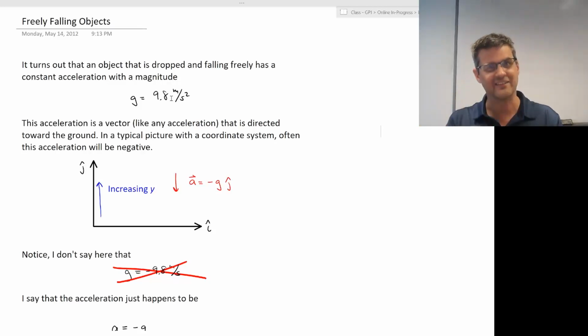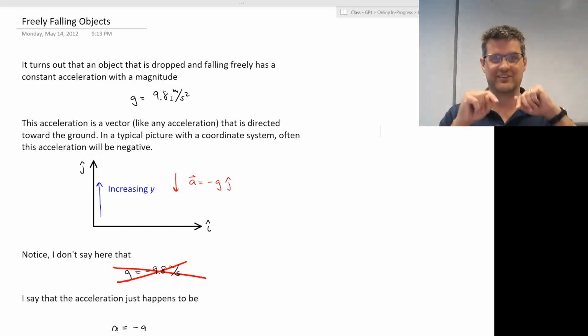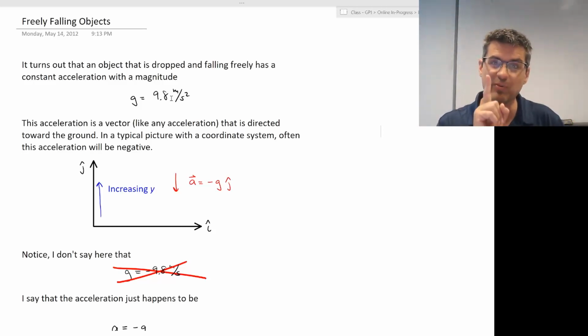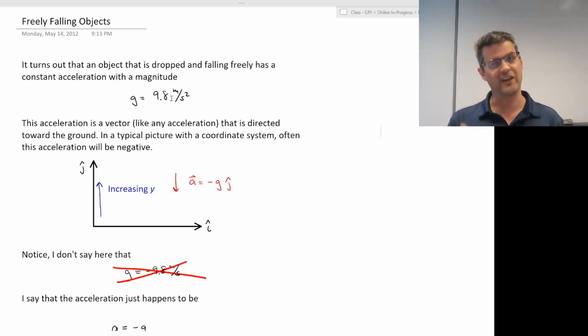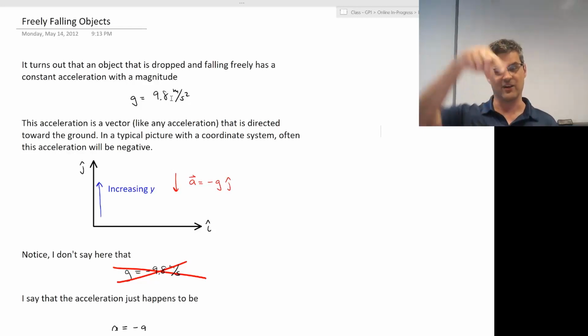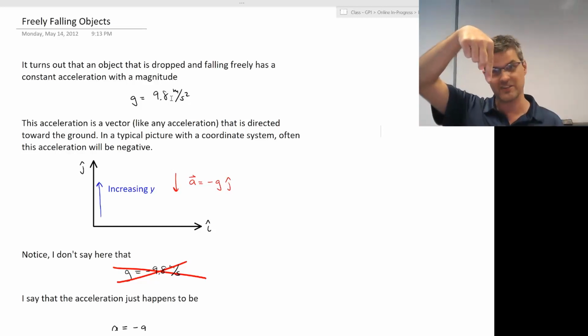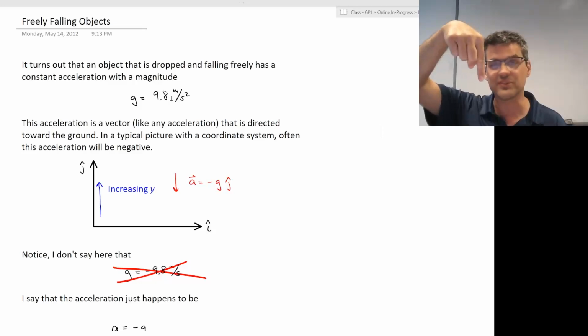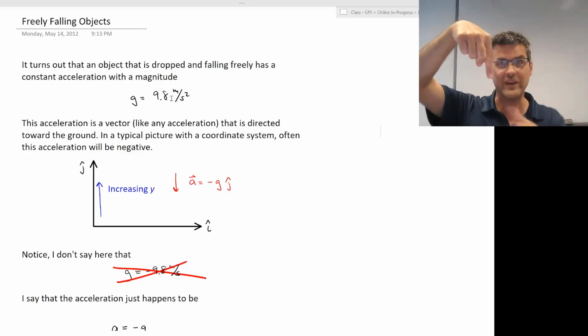The minus sign comes about because in our problem, we're going to set up a coordinate system where acceleration is positive or negative. We can set up a coordinate system where this is the positive direction, or we can set up one where this is the positive direction. That's completely and totally up to us. We get to determine that.